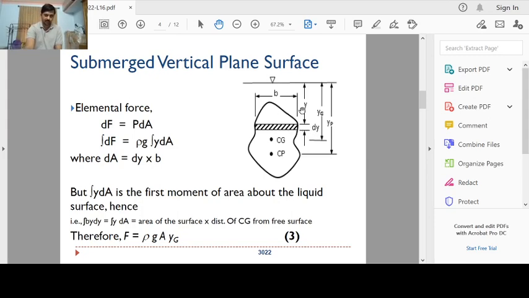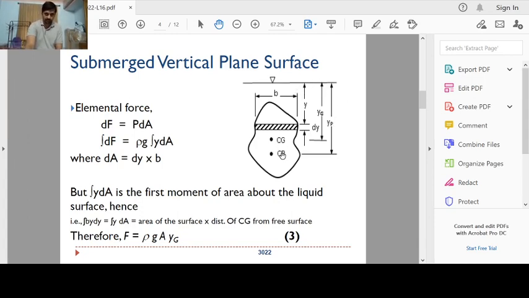This is the free surface. y is the vertical distance of the strip from the free surface. yg is the distance of the center of gravity from the free surface. yp is the distance of the center of pressure from the free surface.